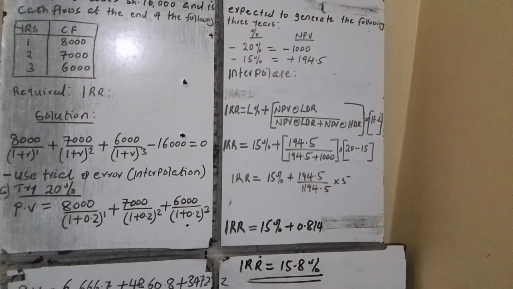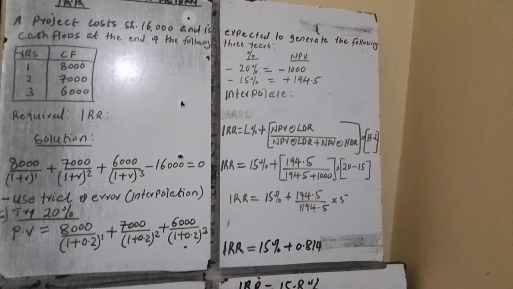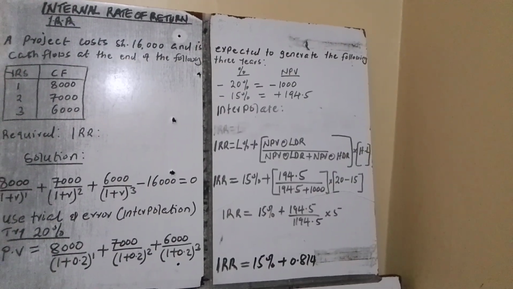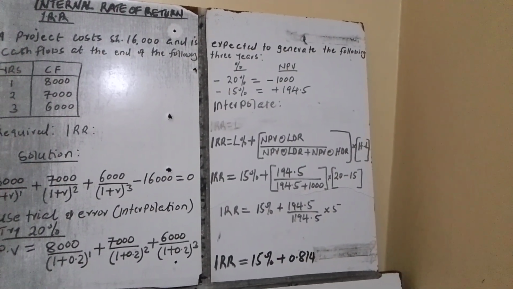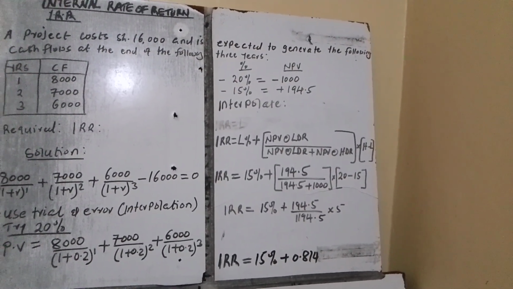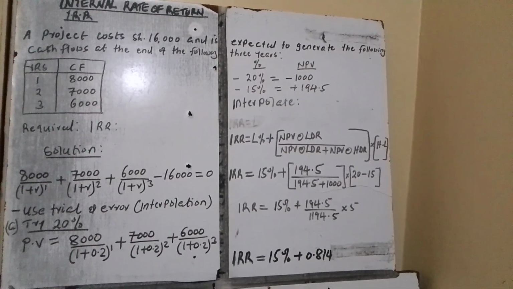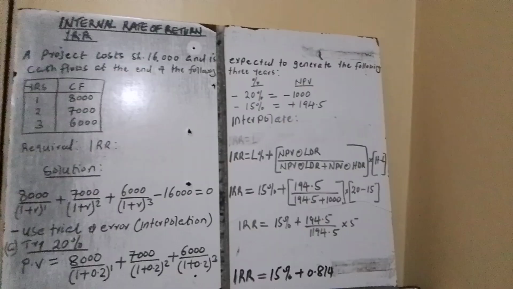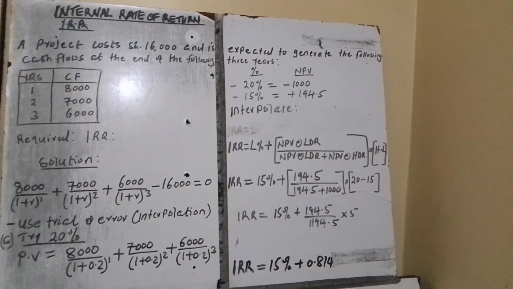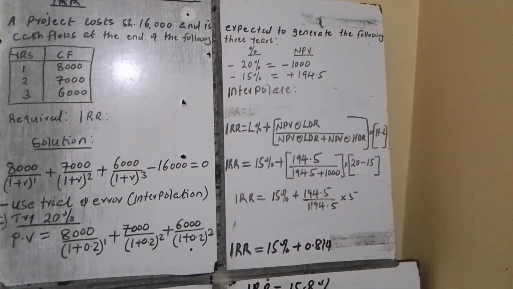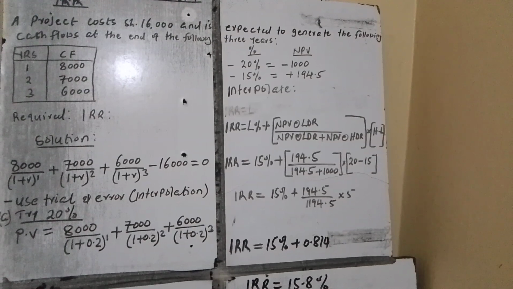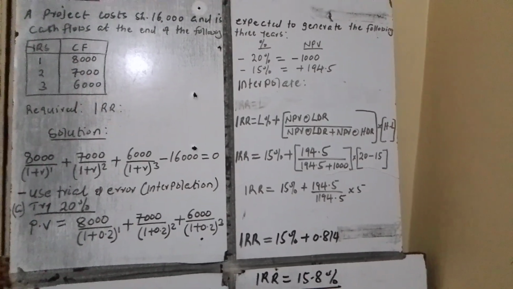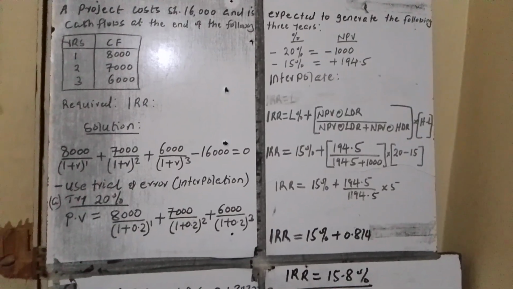I'll finalize the remaining in one lesson: profitability index and discounted payback period. I'll take those two. And then I'll conclude with the non-discounted cash flow techniques, which comprise the payback period and the accounting rate of return.